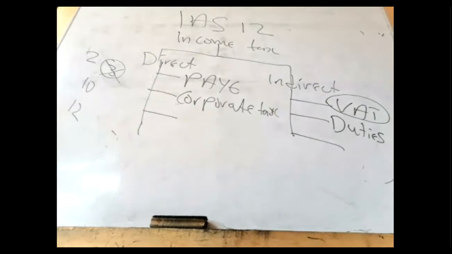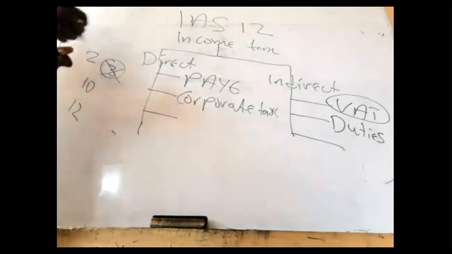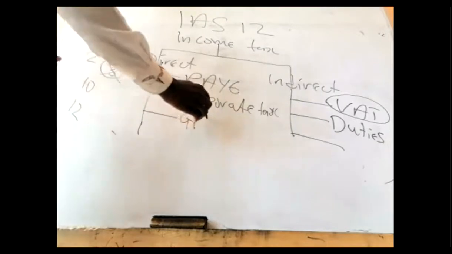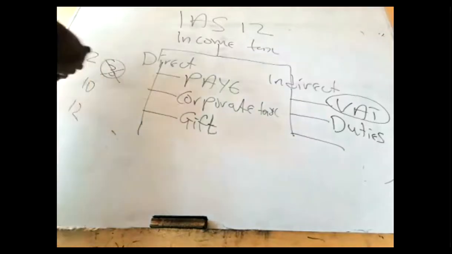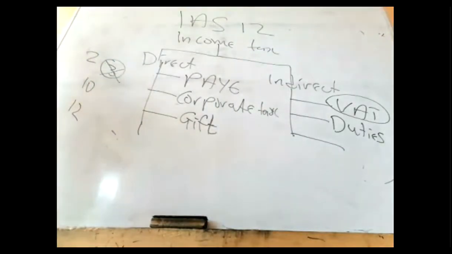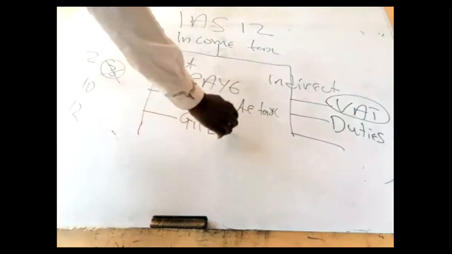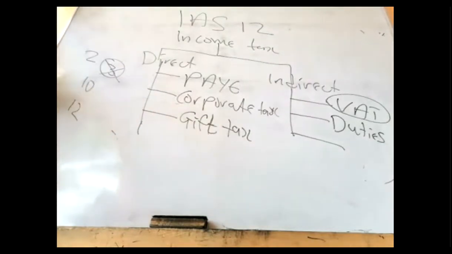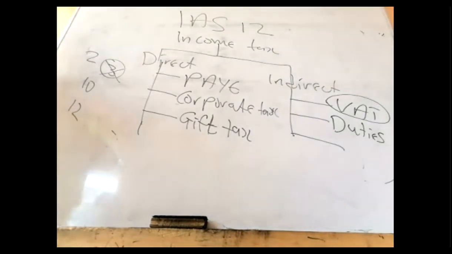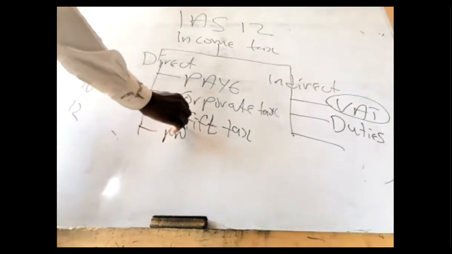Then we can also have gift tax and property tax. So when somebody gives you a gift, kindly go to the tax authority and pay tax on it. Then property tax is also an example of direct tax.